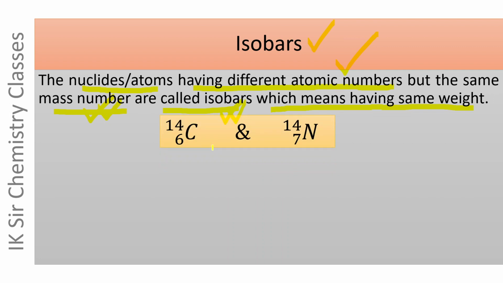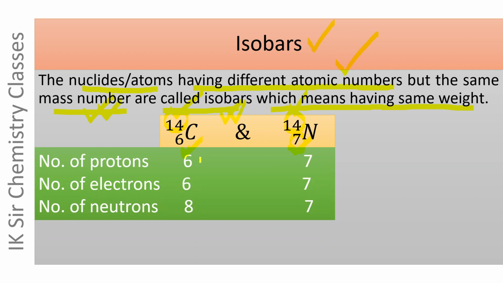Let us exemplify it. Carbon with atomic number 6 and mass number 14, and here we have nitrogen with atomic number 7 and mass number 14. These two have different atomic numbers 6 and 7 but the same mass number, that is, the same weight, and hence these are called isobars.